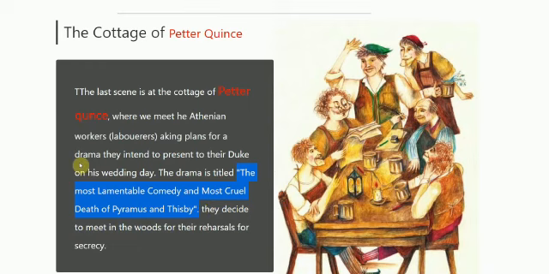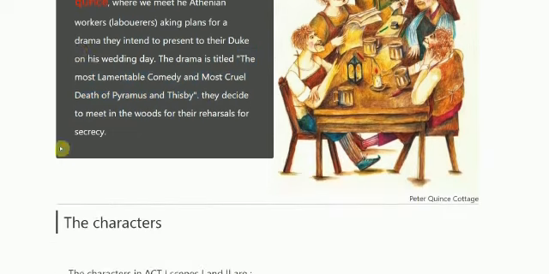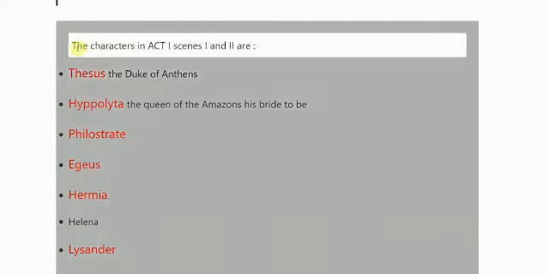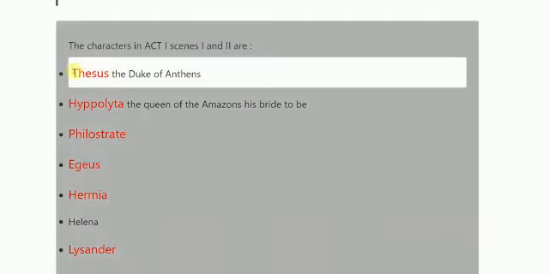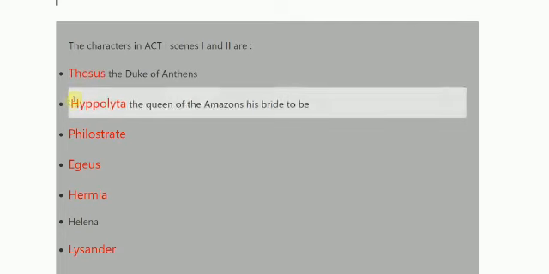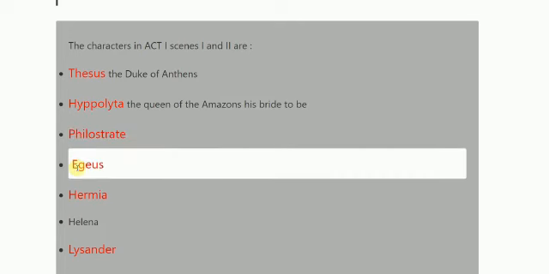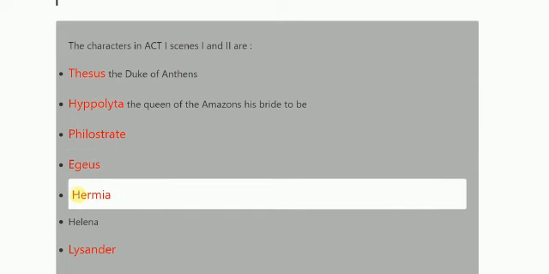Now, let us look at the characters that feature in this act. The first character we meet is Theseus, the Duke of Athens, followed by his wife-to-be, Hippolyta, the Queen of the Amazons. Then we have Philostrate, the Duke's revel master. Then we have Egeus, an Athenian nobleman, and Hermia, his daughter.